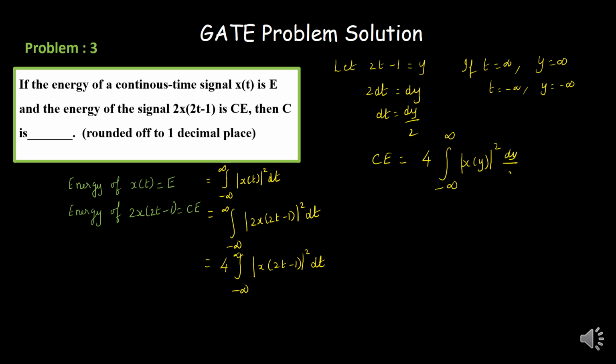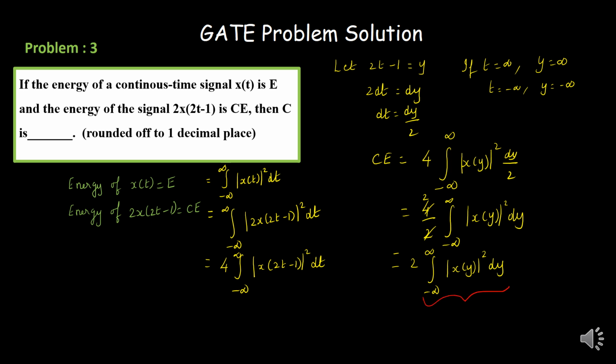So dt equal to dy by 2. So therefore 1 by 2 we can take it outside. So 4 by 2 integral minus infinity to infinity modulus of x of y whole square into dy. Okay. So this will get cancelled. This is 2 into integral of minus infinity to infinity modulus of x of y whole square into dy. See, observe this equation.